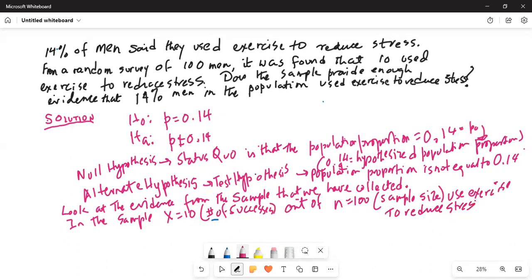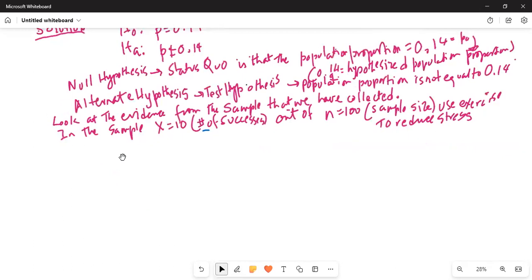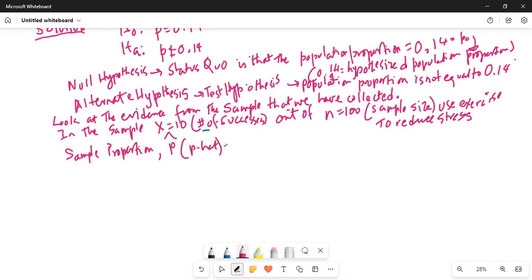Okay, so let me move this a little bit up. So sample proportion P hat, read as P hat, is X over N, number of successes divided by sample size.